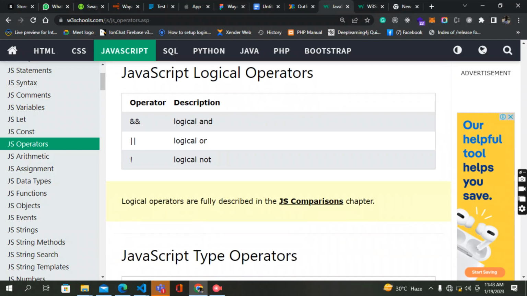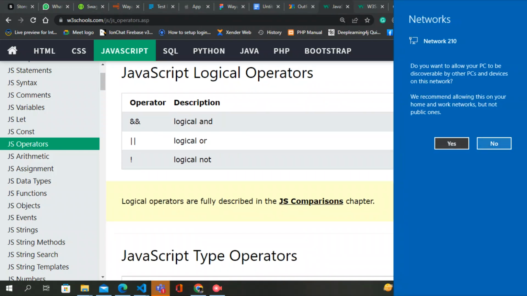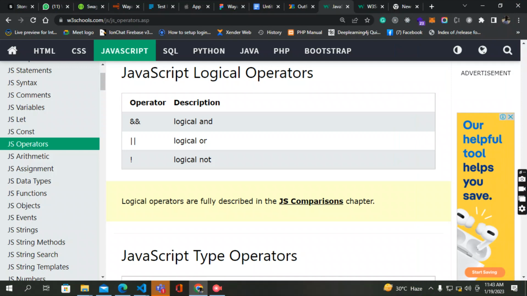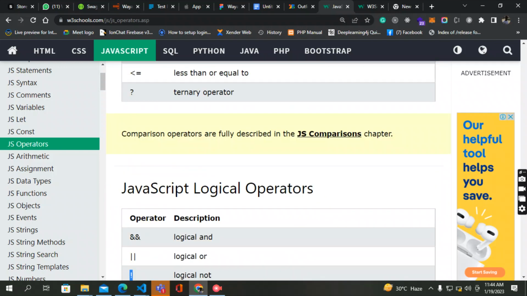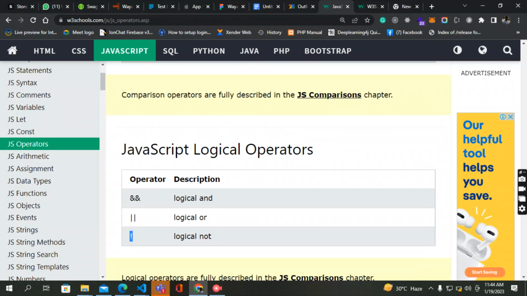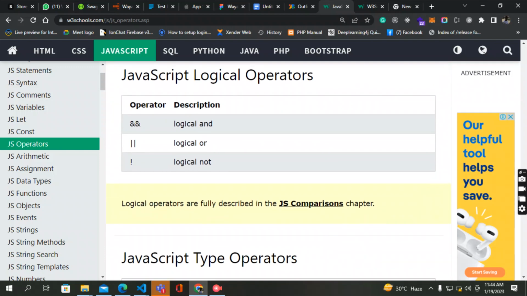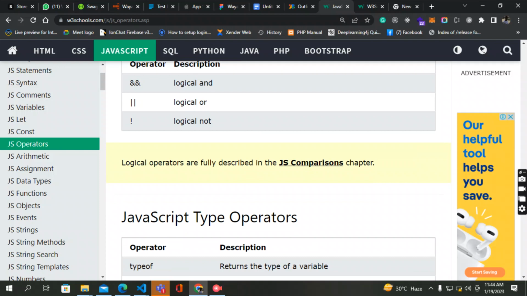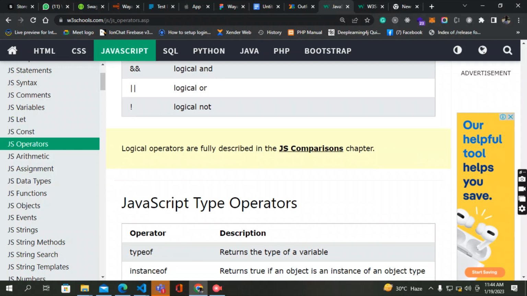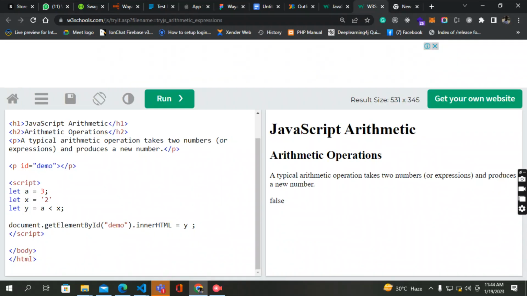Logical operators are and, or, and not. This not, we've seen the way it works here earlier. So and means you are comparing two values, like this and this.